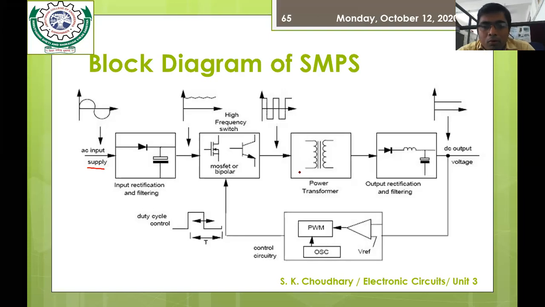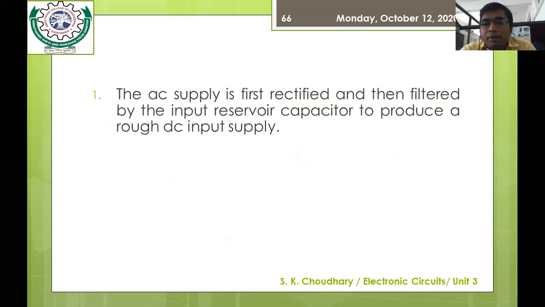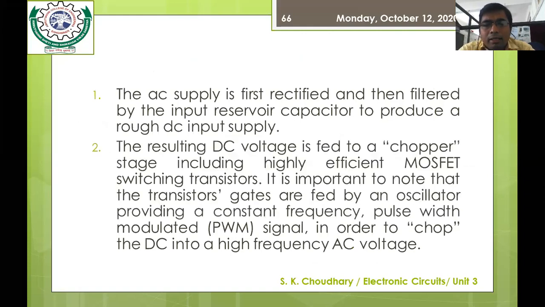Okay, I hope all of you have noted down this particular diagram. So again I will repeat the operation. The AC supply is first rectified and then filtered by the input reservoir capacitor to produce a rough DC input supply, and the resulting DC voltage is fed to a chopper stage as well, including high efficiency MOSFET or switching transistors.